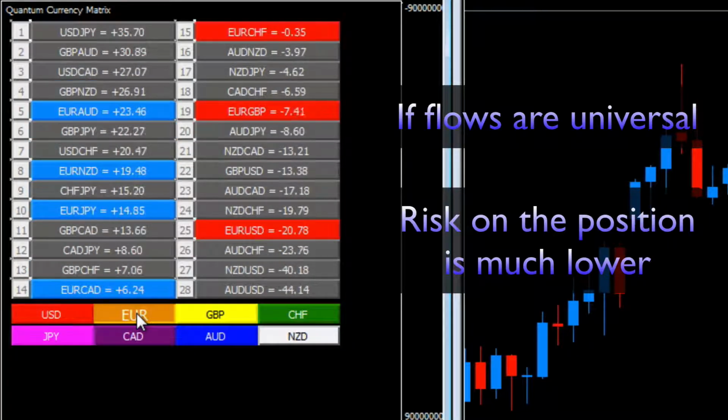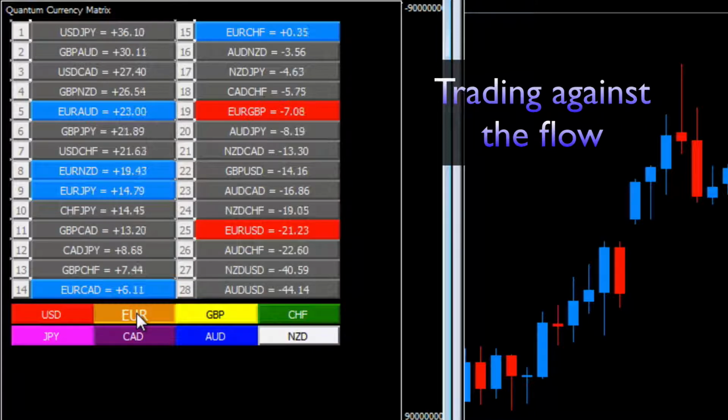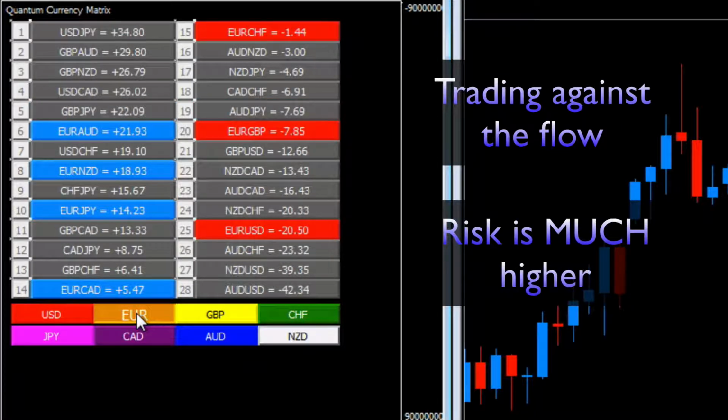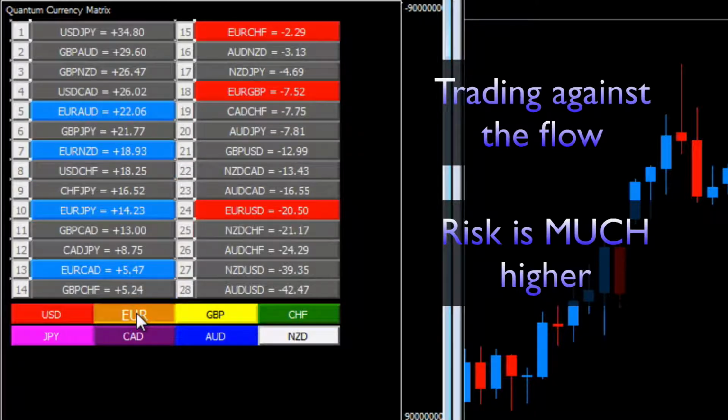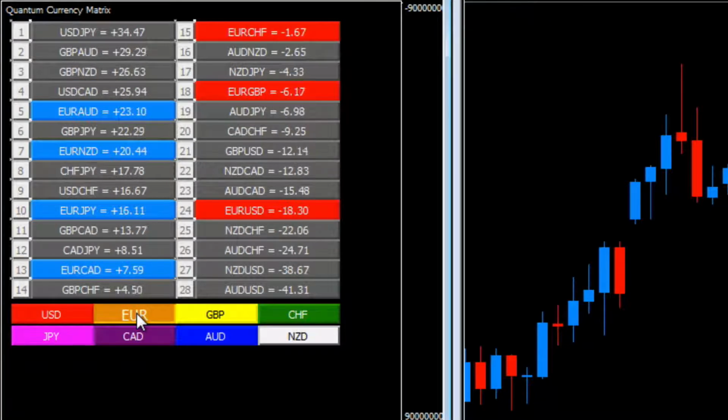If you are trading against the flow, if you like, it may well be a short-term trading position that is ultimately positive, but certainly the risk on the trade is much higher because you are trading against the global flow at that particular point.